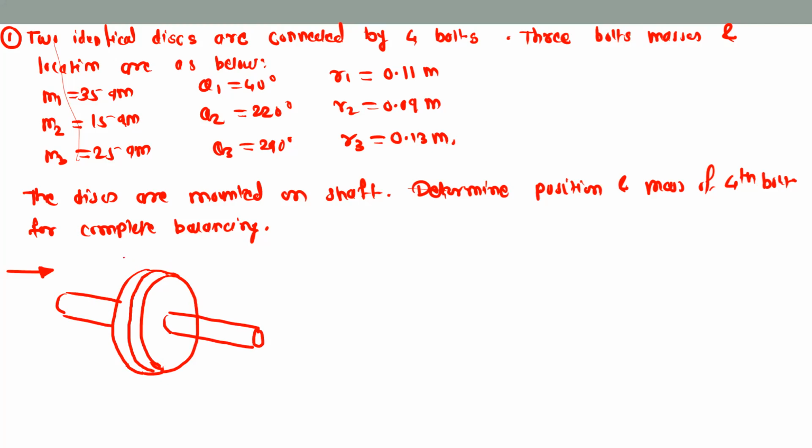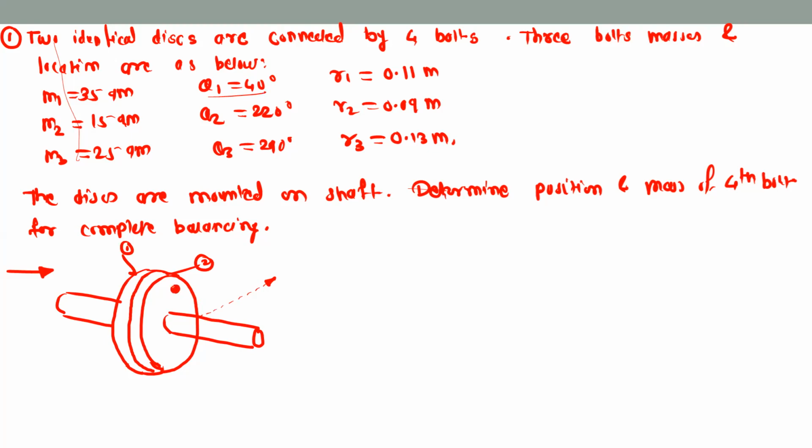So these are the two discs, disk 1 and disk 2. These are connected with the help of bolts. Consider this is the positive x-axis. With respect to the x-axis, first is theta 1, somewhere here.